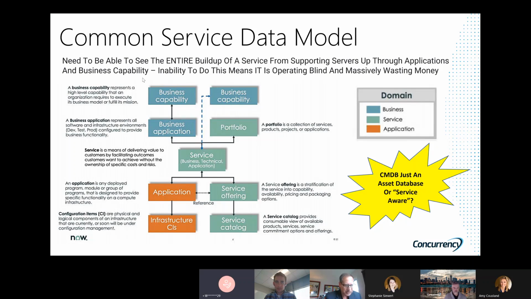Or I can look upstream and see where this service actually fits into my overall portfolio, what business applications and functions does it support, and then ultimately what capabilities does it provide. So the purpose of this is to basically provide a data model and approach for how you link all those assets together, so that you can see a chain upstream and downstream, to provide some visibility into how that service is actually operating.